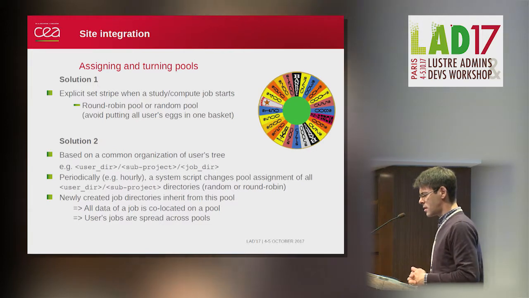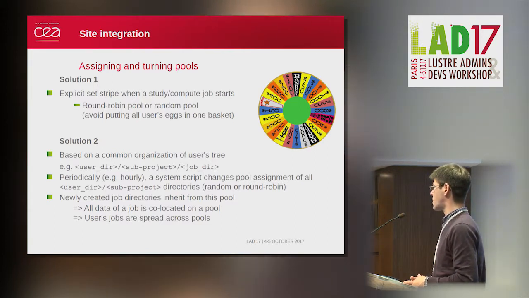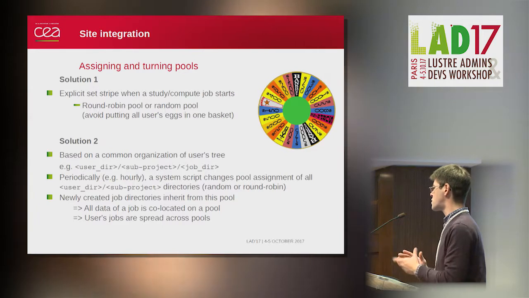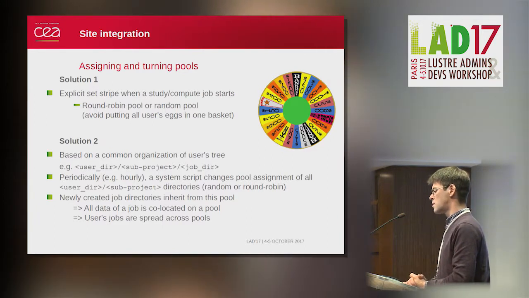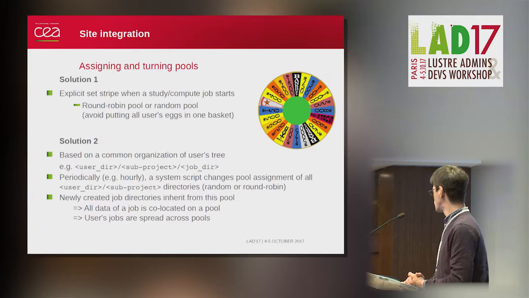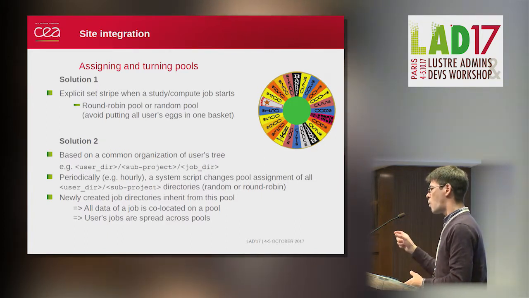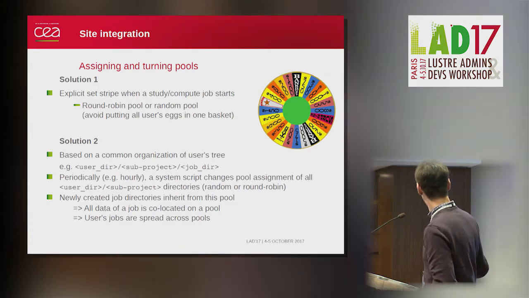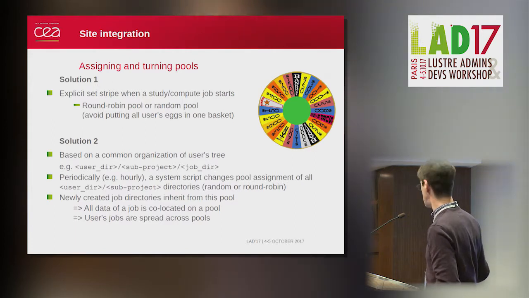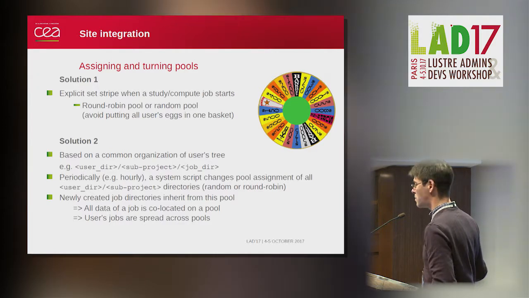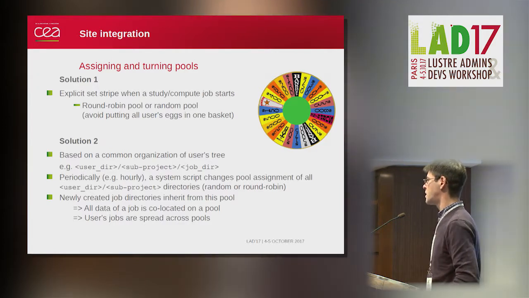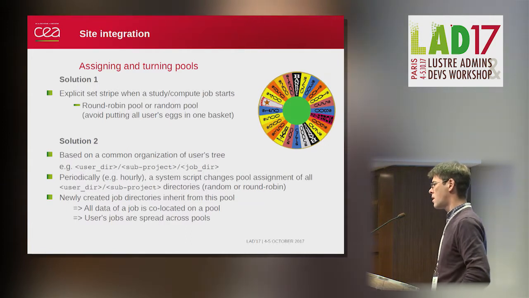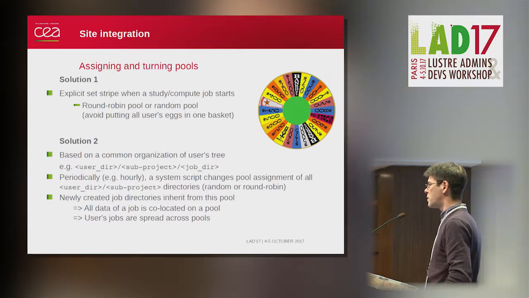Another solution is if the directory tree of the users allows determining which directories constitute which job, like in this example. If we change at regular intervals the pool assigned to this directory, then every job the user starts will inherit that pool for the given period of time.